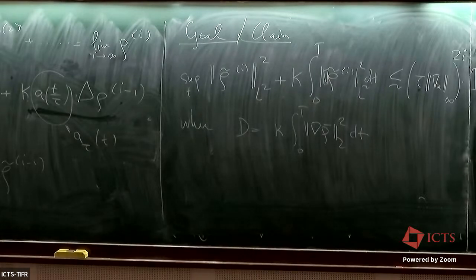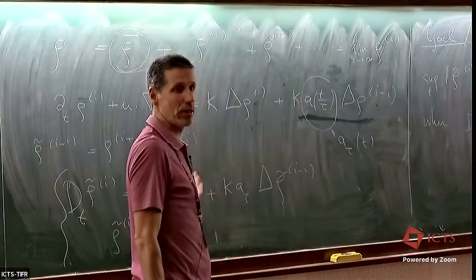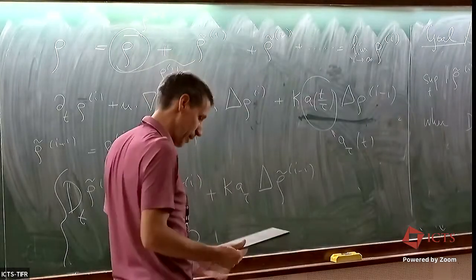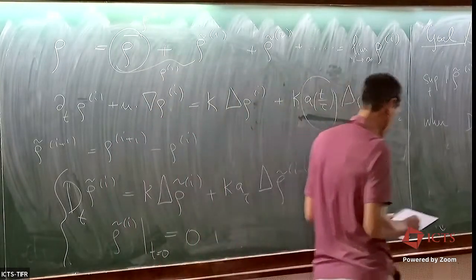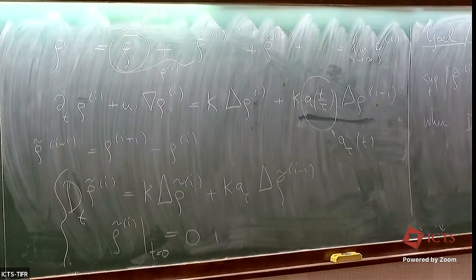And the proof is essentially just energy estimates, but at some moment you have to use averaging. So I want to show some details of this. Let's see how much I can show. And there are certain additional assumptions that I need to be able to derive this.